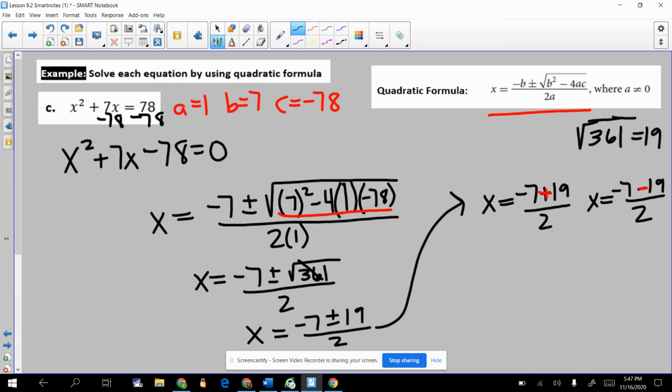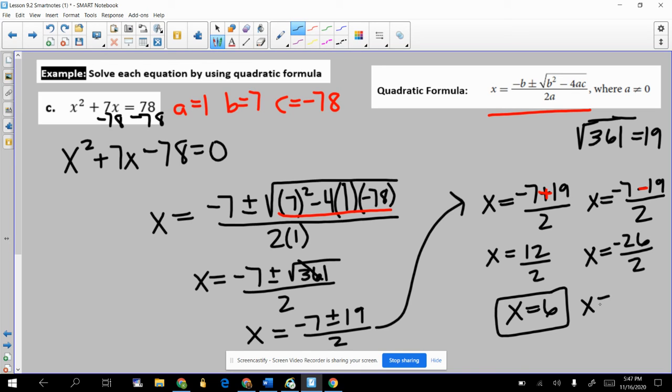So do the numerator first. So in this case, negative 7 plus 19 is 12. And so 12 divided by 2 is going to give you x equals 6 as one of your solutions. And then negative 7 minus 19 is negative 26. And then divided by 2 is x equals negative 13 as your other solution.